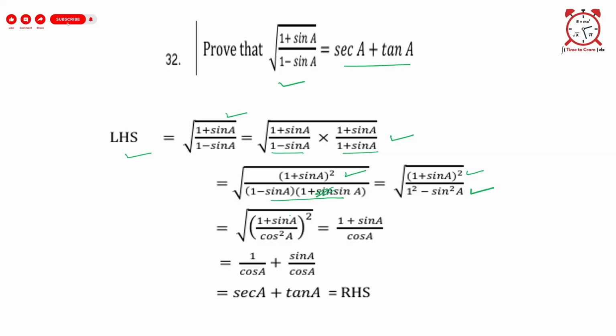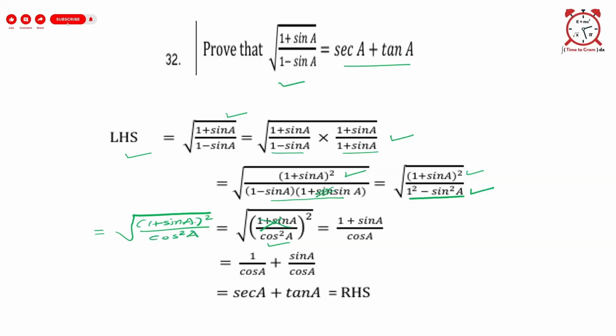So 1 square minus sine square a can be written as cos square a. Here also the step was written wrong. How we have to write this step? In the square root, (1 plus sine a) whole squared, this we already found, and the denominator 1 minus sine square a equals cos square a.